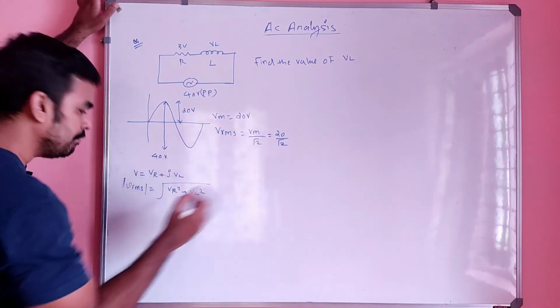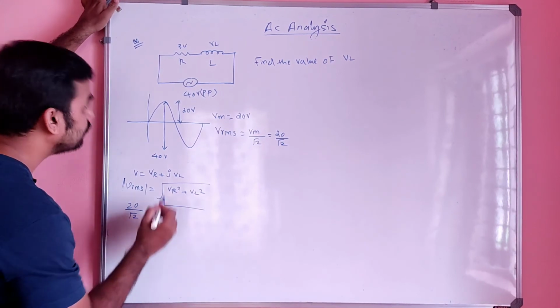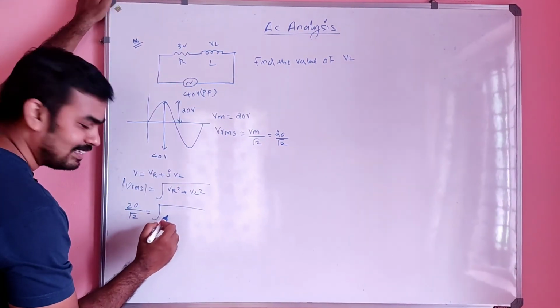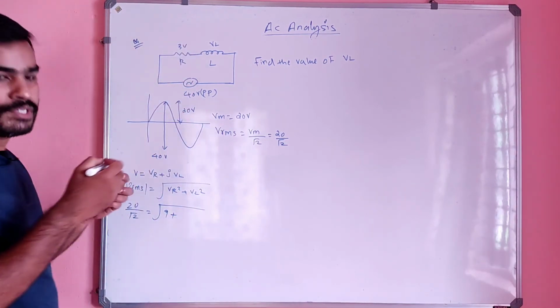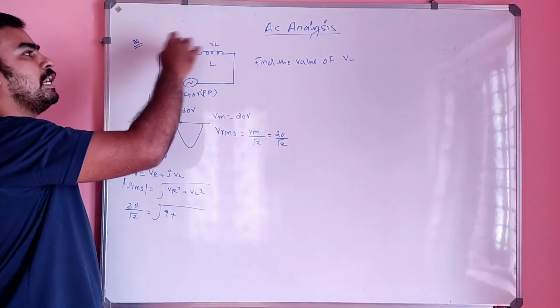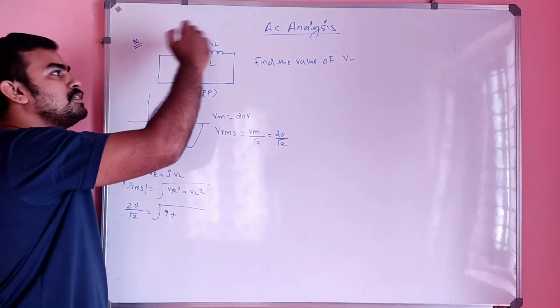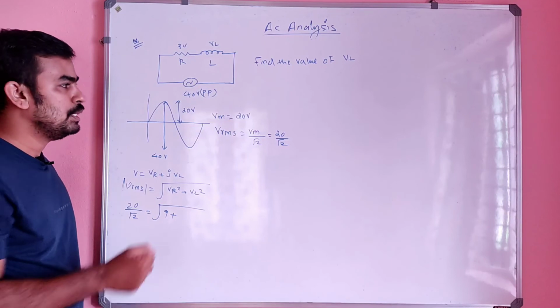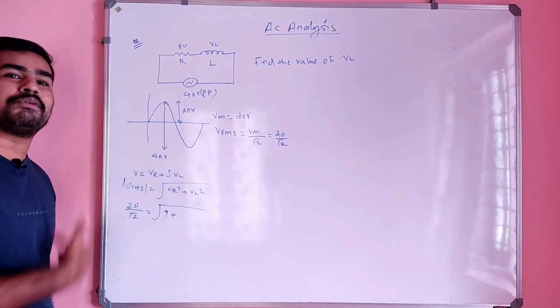It's already given 20 by root 2, no? So 20 by root 2 equal to root of VR square plus VL square, where VR is given as 3, so it will be 9. This is the RMS value, directly given across that element, no issues. But here it is clearly mentioned 20 volt peak to peak, which means from that you have to find the RMS value.